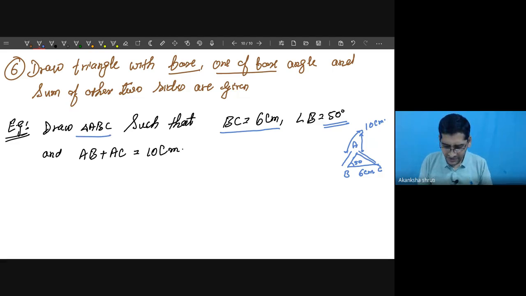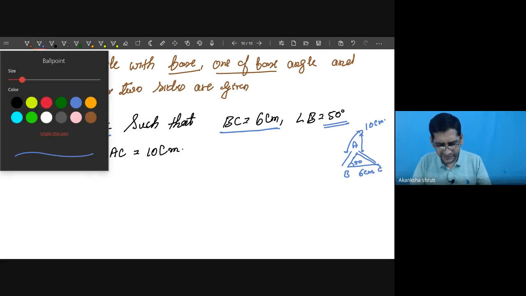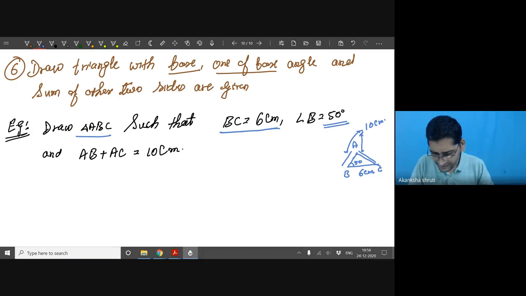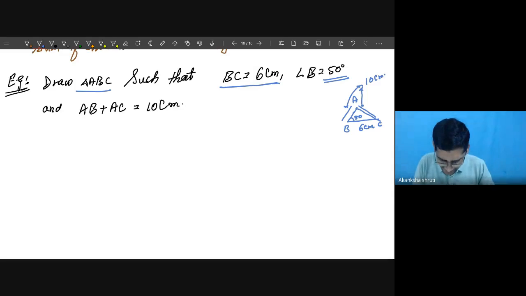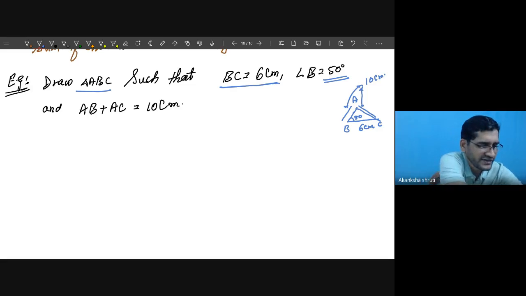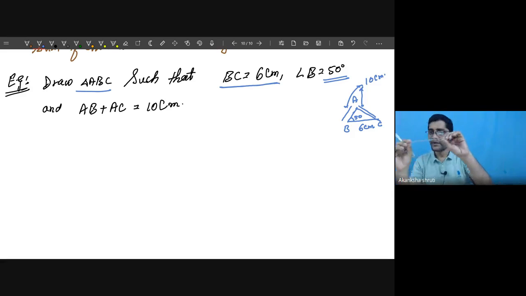So what are the steps? Those we will write. So very first, whatever the base length BC is given, draw that. So write down step 1. Draw BC. For that you will take your scale or ruler, put it on the paper and draw up to 6 centimeter.